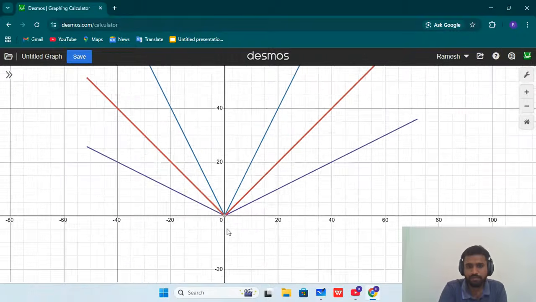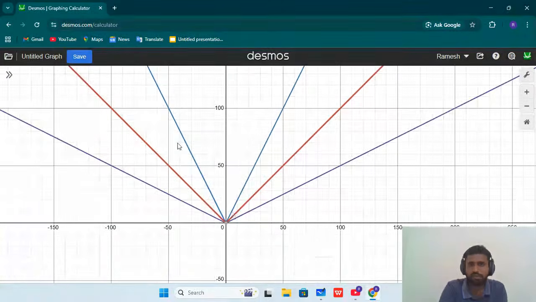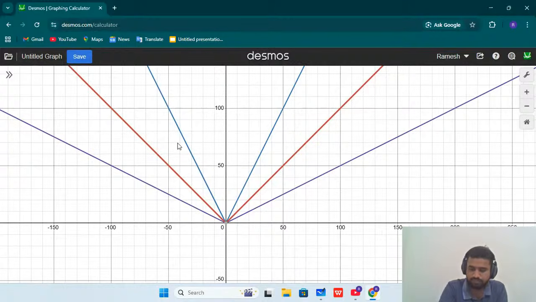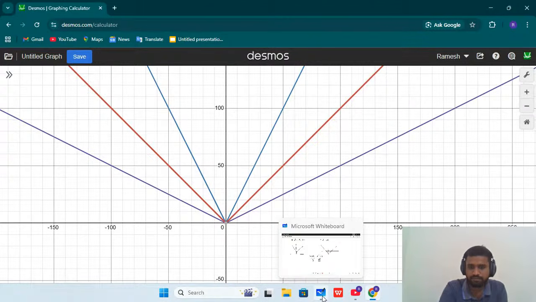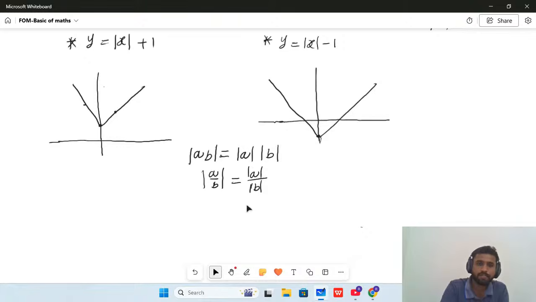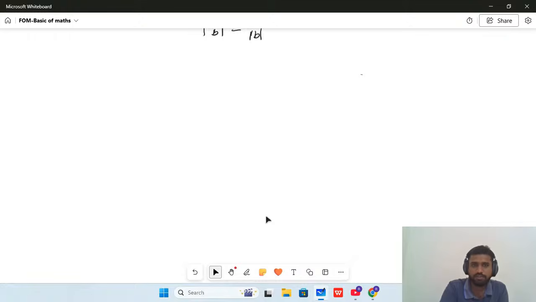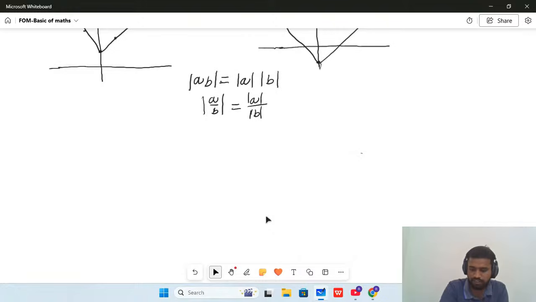Okay, so is this clear? Yes, I hope it was clear. So graphical transformations we have completed here. Coming to the next topic, which is modulus inequalities.